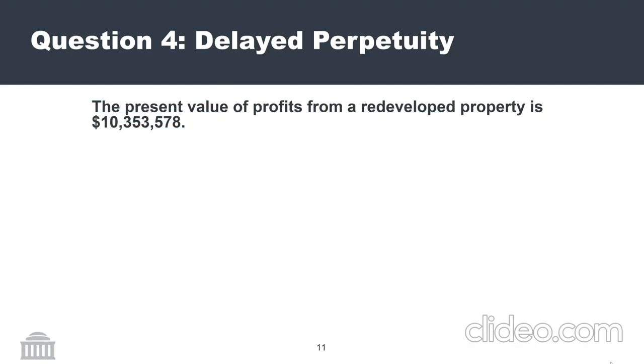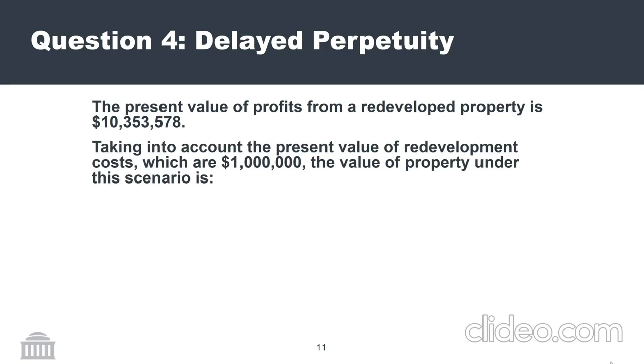Overall, what we found so far is that this property generates $10,353,578. Taking into account the present value of redevelopment costs, which are $1 million, the value of the property under this scenario is $9,353,578.